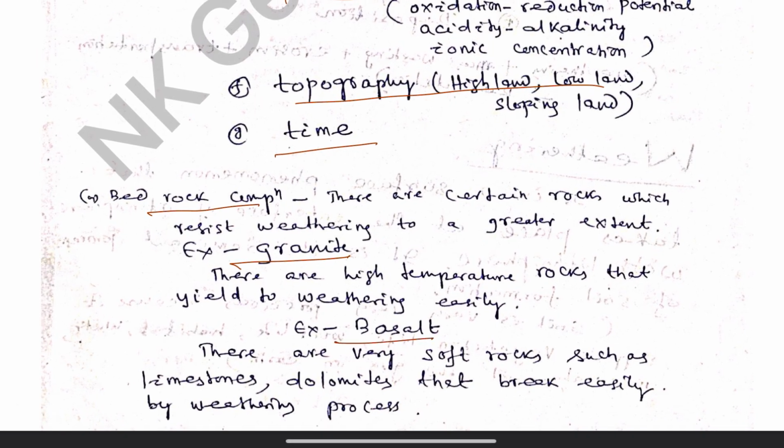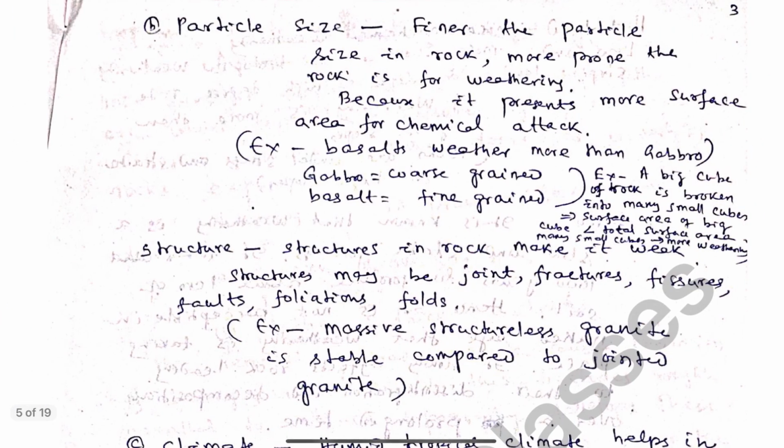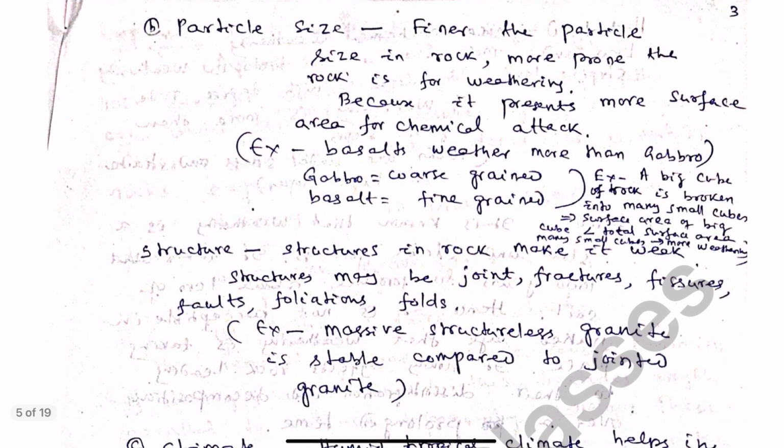Basalts are comparatively weak compared to granite and they yield to weathering more easily. Besides this, there are very soft rocks such as limestones and dolomites, which can break very easily through the weathering process. So rock composition is a factor.